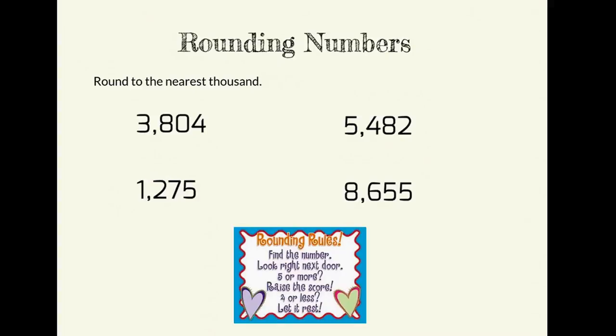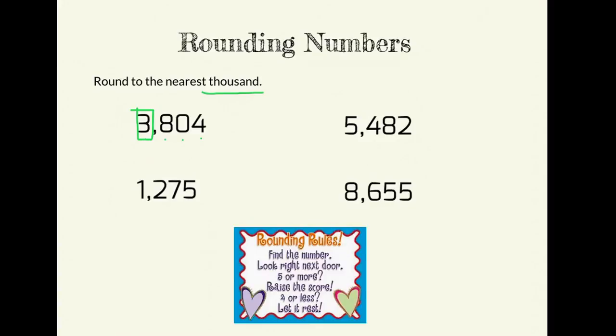All right, 4th graders, now we get to round to the nearest thousands place. So first thing I'm going to do is find my number and then look right next door. I have 3,804. 3 is in the thousands place because I have ones, tens, hundreds, thousands.